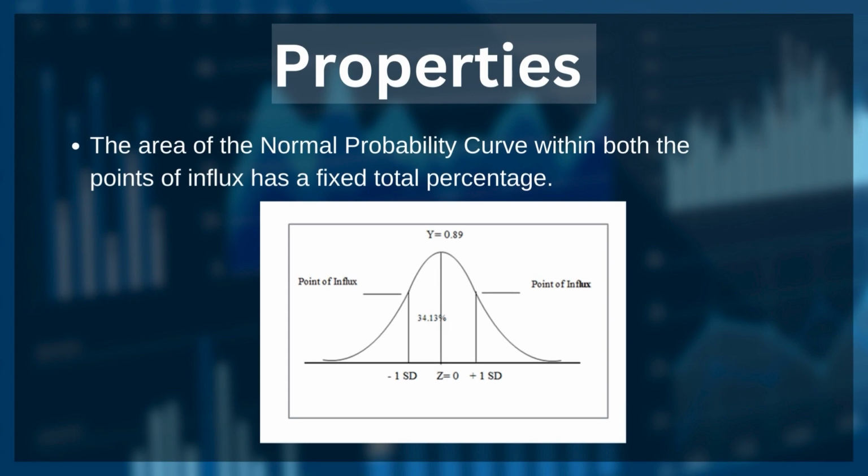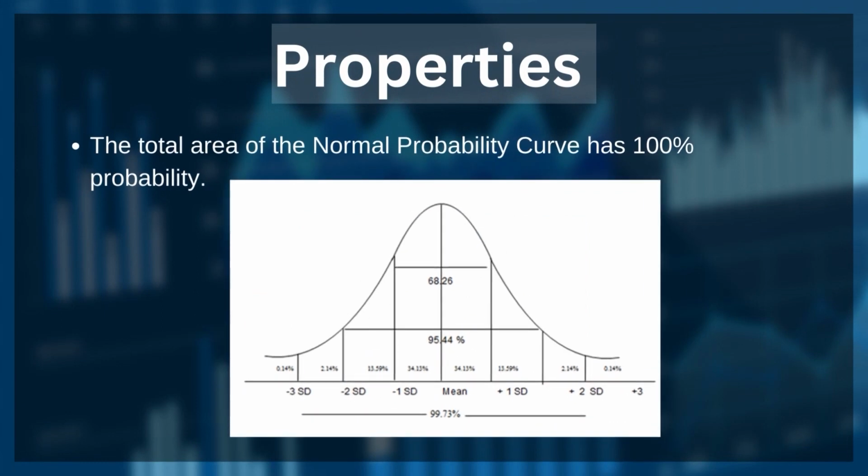So, the area of normal probability curve within both the points of inflexion has a fixed total percentage. The total area of normal probability curve has 100% probability. Okay. So, this refers to the properties of the normal probability curve.